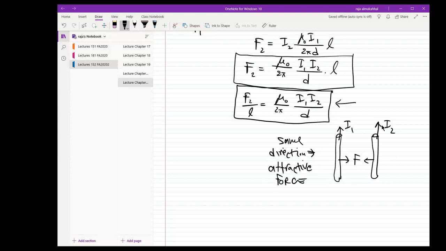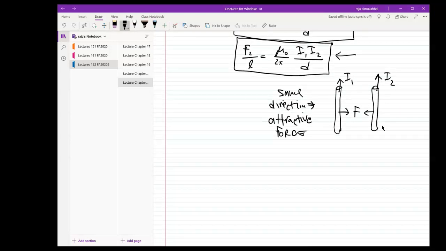And if they are going in the opposite direction, here's the wire. Let's say this one is going this way, I2. Again, the currents are not necessarily equal, that's why I call them I1 and I2. And let's say this one is going this way, I1. There will be a repulsive force between them. Both are equal, this F and this F are equal.